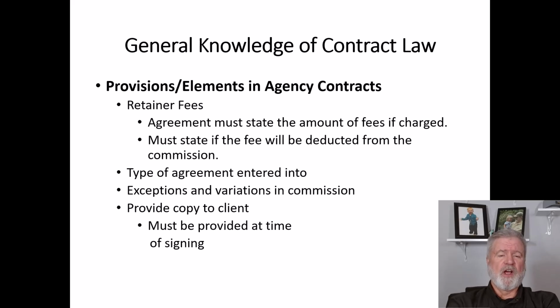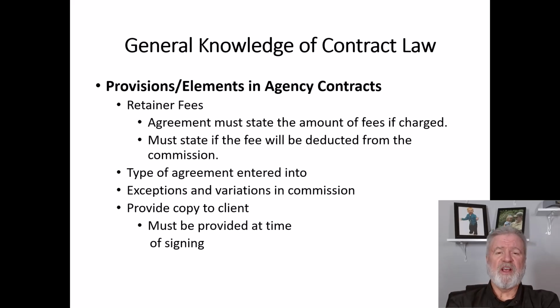However, seller, if I can find the buyer myself and there are no other agents involved, in other words, good chance we're talking about dual agency. It doesn't have to be dual agency. But at any rate, I'm telling the seller, if there are no other agents involved, meaning no other agents to pay money to, then I'll just charge you 4% commission.